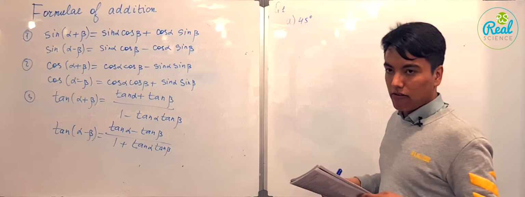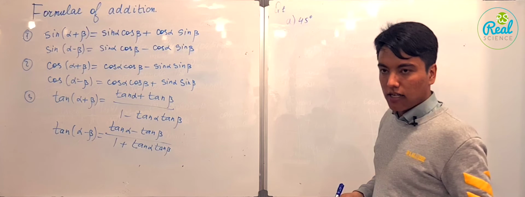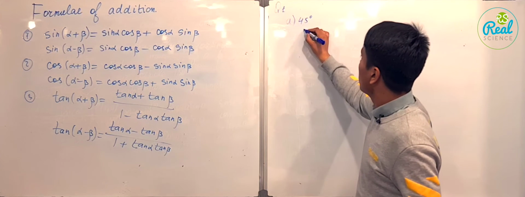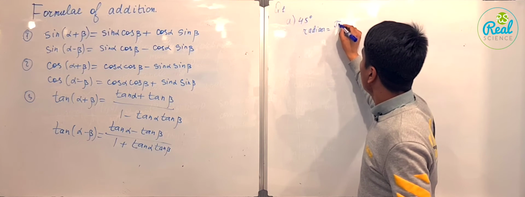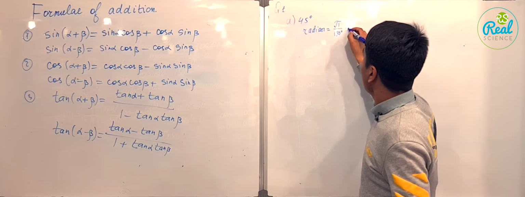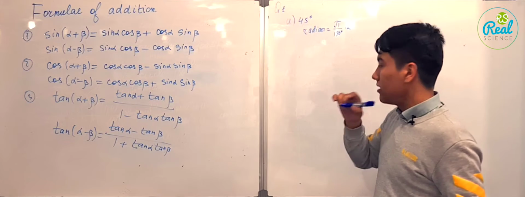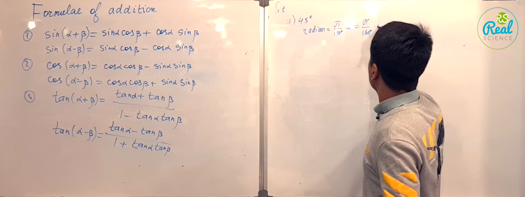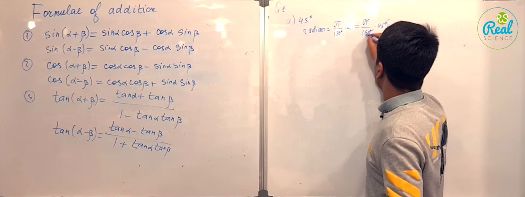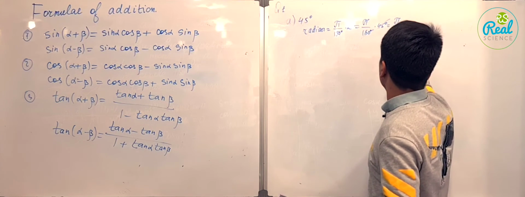We have 45 and we must express it in radians. We have the formula: radian equals pi over 180 times alpha. Alpha is 45, so instead of alpha we put 45. If we reduce, pi over 4.